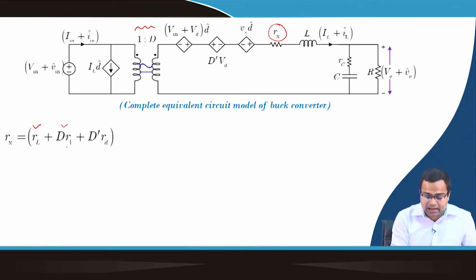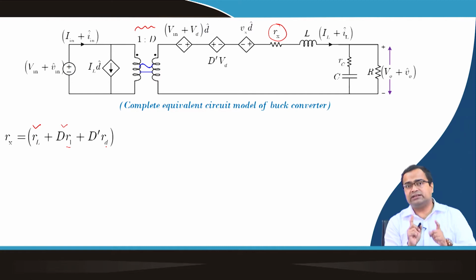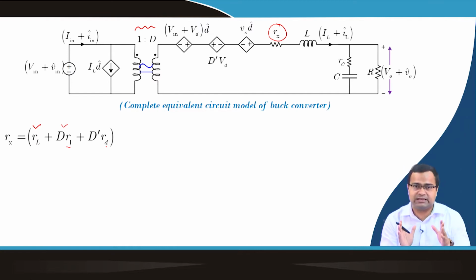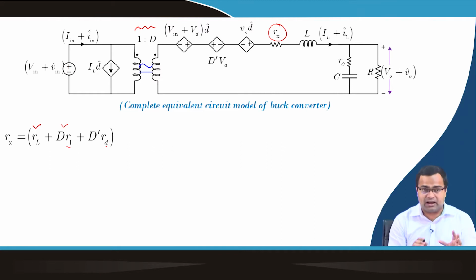Now if R1 and RD are the same, for example, in a synchronous buck converter where the on state resistance of the high side switch and the low side switch are nearly equal, then this Rx will be simply RL plus R1, because D plus 1 minus D will be 1. And here we can drop the diode drop in a synchronous DC-DC converter.